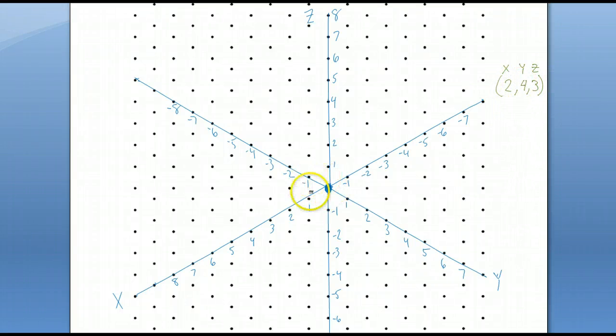So I'm going to start at the origin, and in the x direction, I'm going to move 2, which means I'm going to go down and to the left 2. Notice that I'm tracing out my path as I go. Now from that point, I need to move 4 in the y direction. So I'm going to move down and to the right 4.